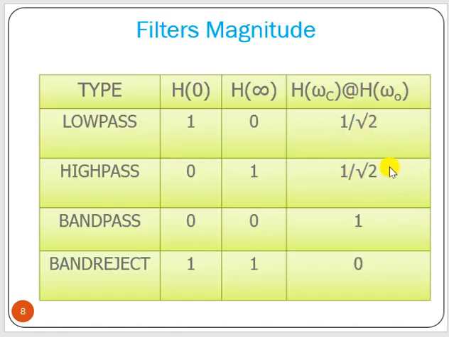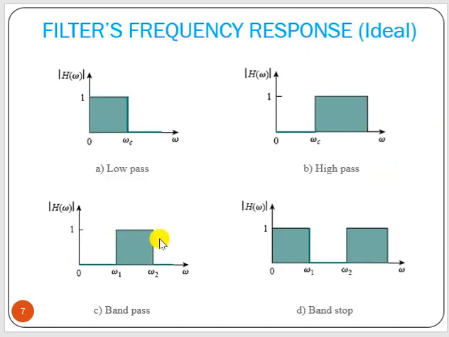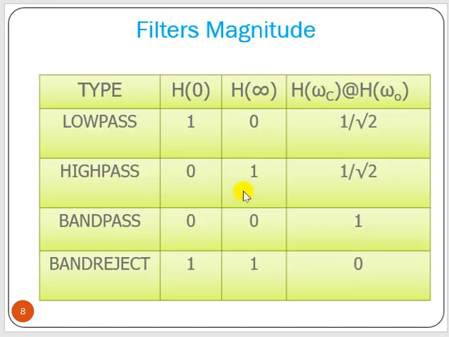Similarly, in this case it will be 1 only, and in this case it will be 0 only, because it goes like this, so here it is almost 0, and it will go like this, so here it will be almost 1.